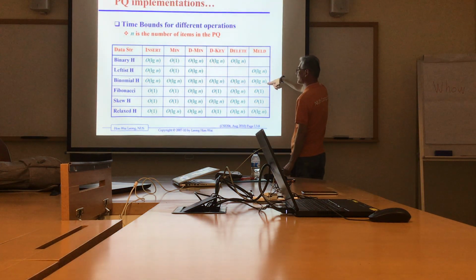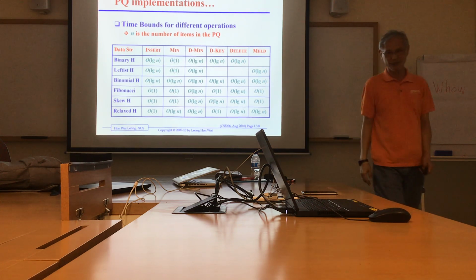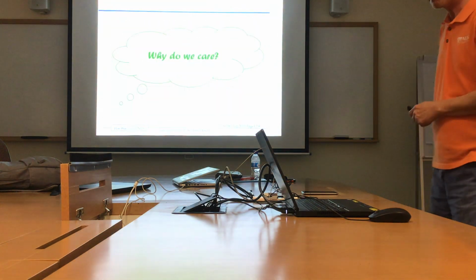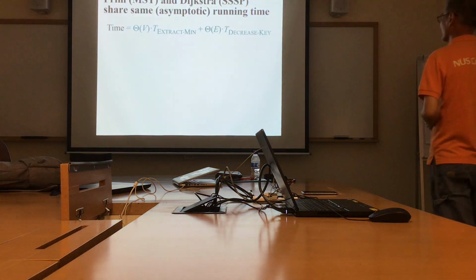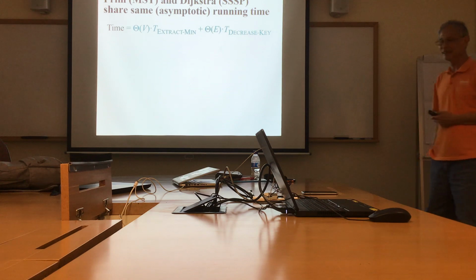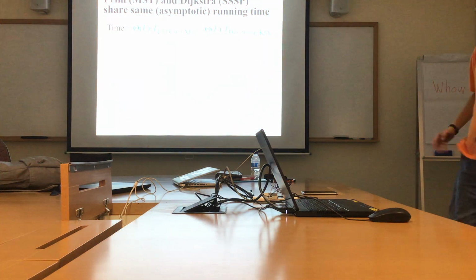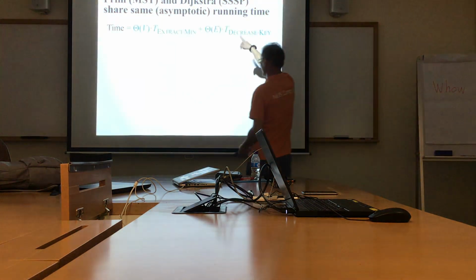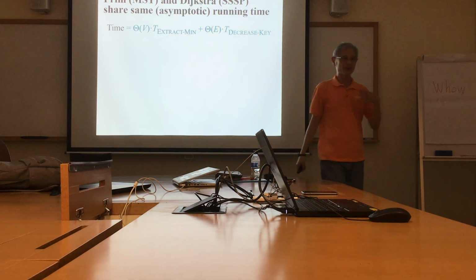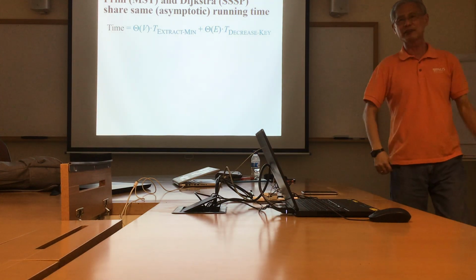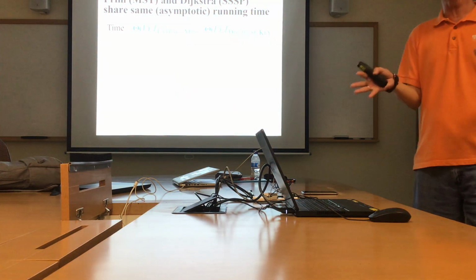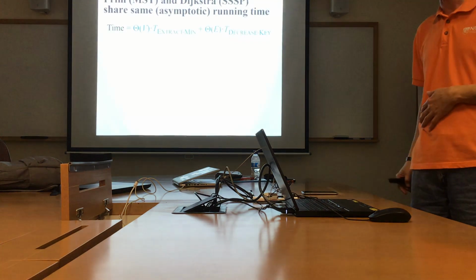It turns out this French computer scientist solved this problem, and I'll show you the motivation for the next one. So why do we care? We care because of this. At that time, both of them wrote two algorithms, one for single source shortest path and the other one for minimum spanning tree, and they were saying that this is at most n squared.